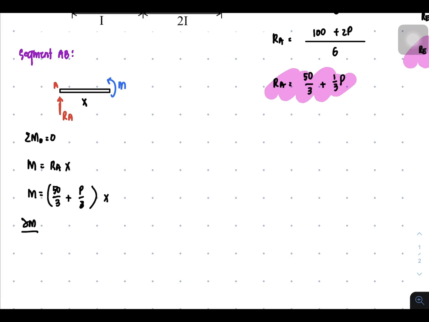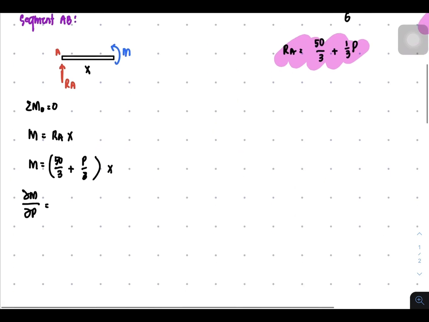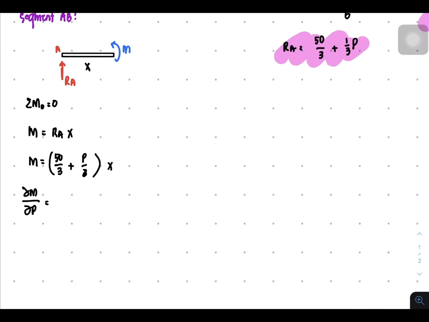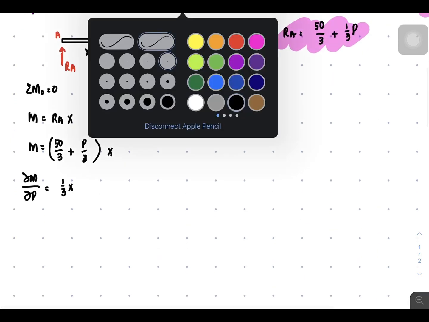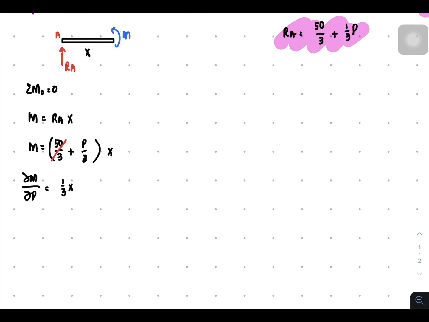So get the partial derivative of M with respect to P. You will have only 1 over 3 x. By the way, this is a shortcut I am using, so first I will distribute.